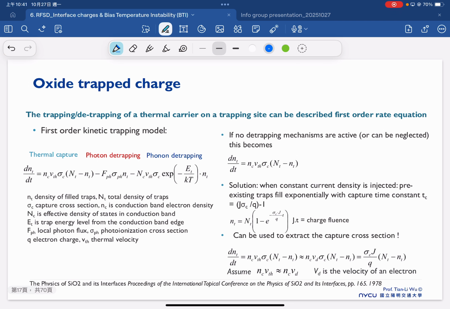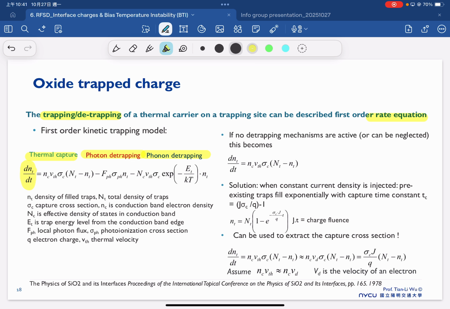So anyhow, the total trapping and detrapping rate equation can be considered by the following, where you have the total density of the filled traps versus time, which is contributed by three different phenomena: the thermal capture, phonon detrapping, and photon detrapping.